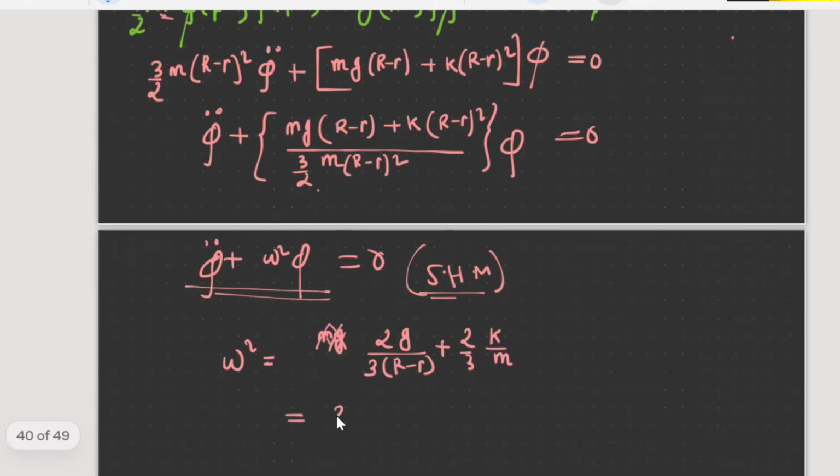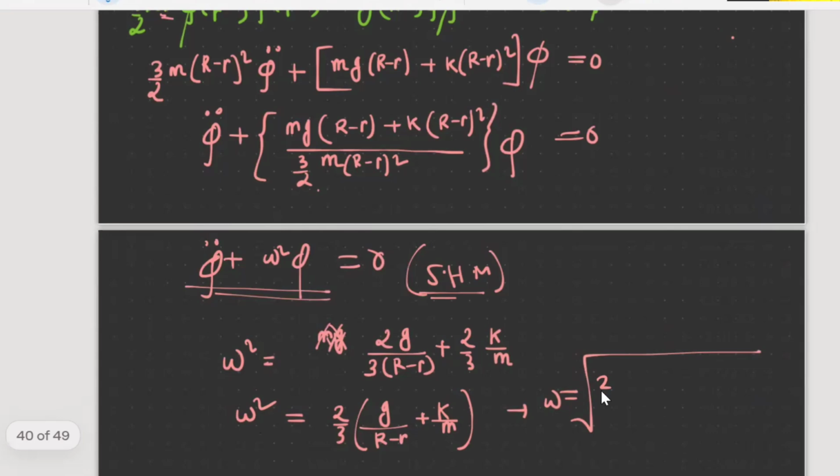So if we take common, I'm getting g by R minus r plus k by m, that is the omega square. So we are able to find out the expression of omega, that is root of 2/3 of g by R minus r plus k by m.